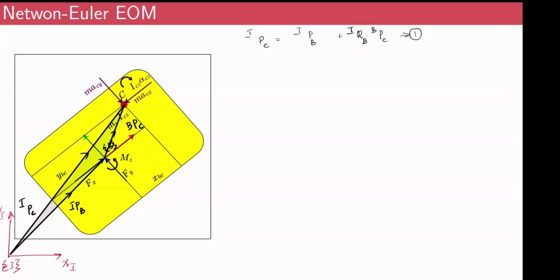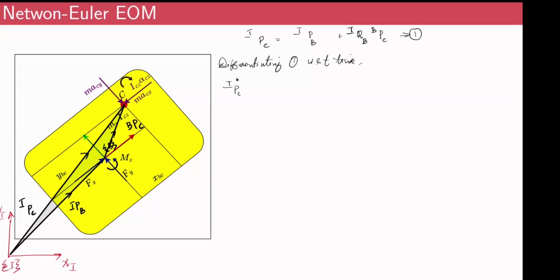So that is about the position coordinates. To get the velocities, we'll have to differentiate this equation 1 with respect to time. Differentiating equation 1 with respect to time, we will get the position vector of C with respect to I, dot. Dot is used to denote that we are differentiating with respect to time.